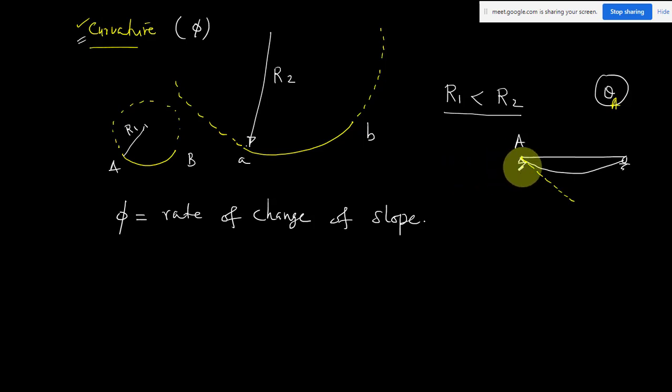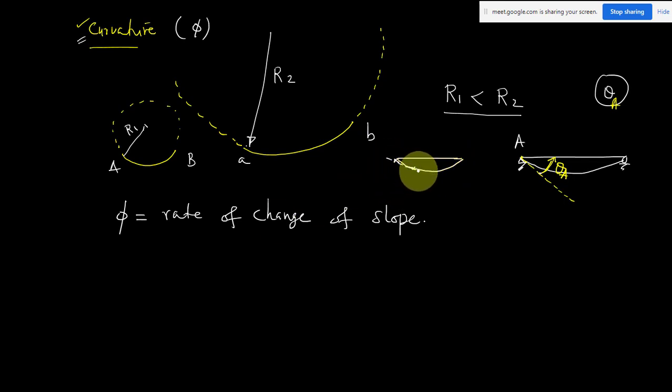So draw a tangent at that point, then you start from your tangent and go up to the horizontal. This is the horizontal line at that point A. So go up to the horizontal, and this is your theta A. Suppose you have another curve or another beam like this, and you want to find the slope at some point.